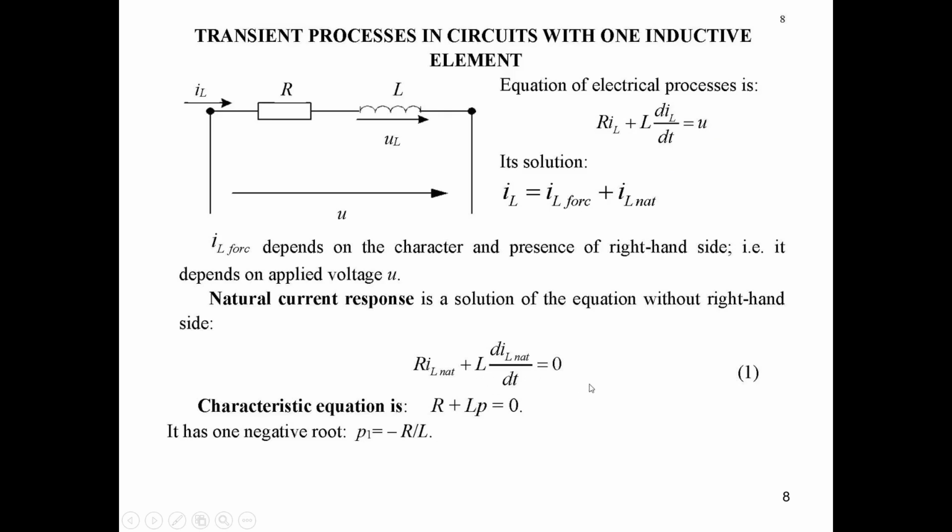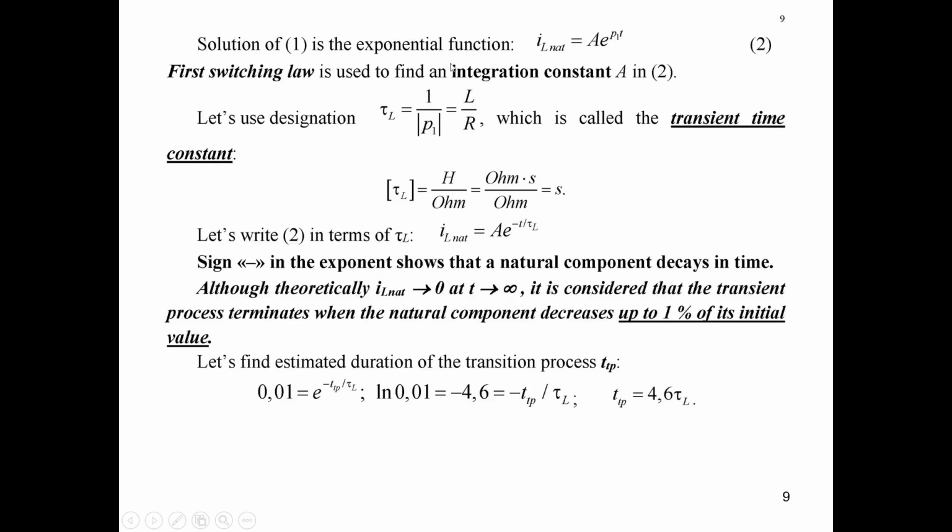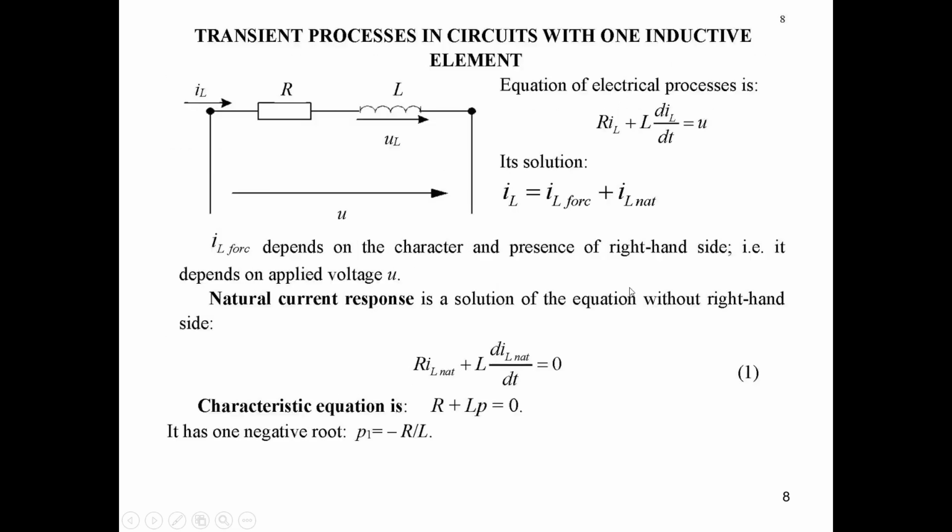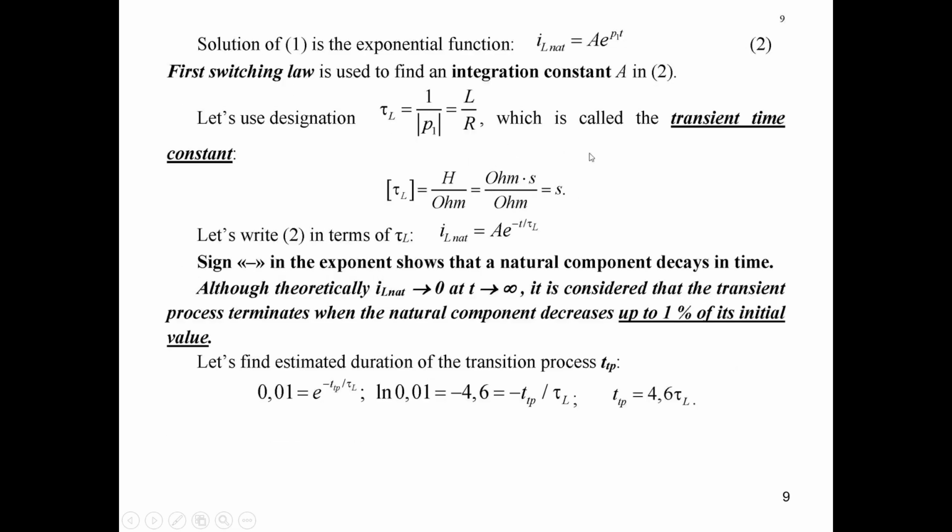From mathematics you know such a solution, and it is written in such a form all the time: an integration constant multiplied by an exponential function. For an RL circuit we have this coefficient in the exponential function, the transient time constant tau L, which is L over R, measured in seconds.